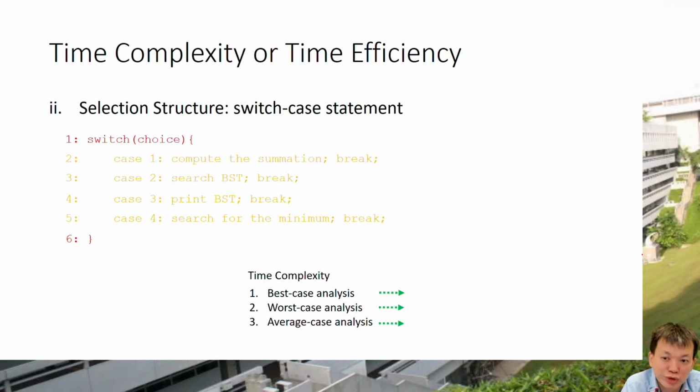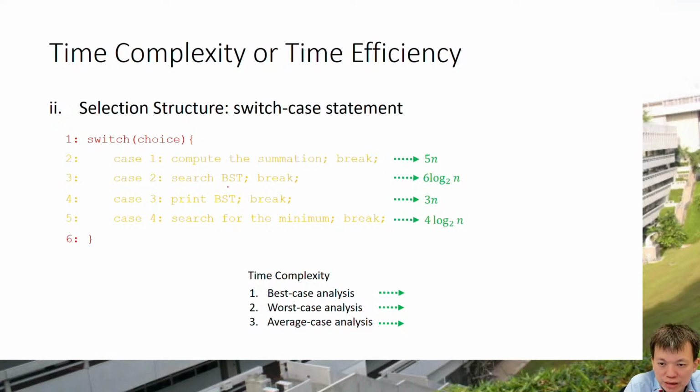When you go to a switch case, of course here I gave you a simple scenario. Sometimes you first need to figure out how many scenarios there are. So here we have 4 cases. Among the 4 cases, let's say I tell you the time complexity of each case. Maybe the first one computes the summation, taking 5n, linearly.